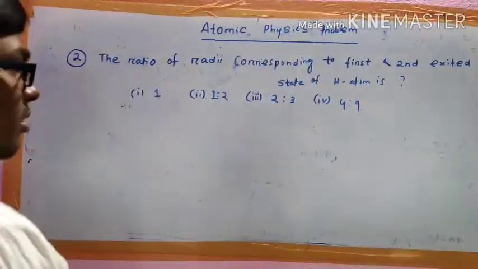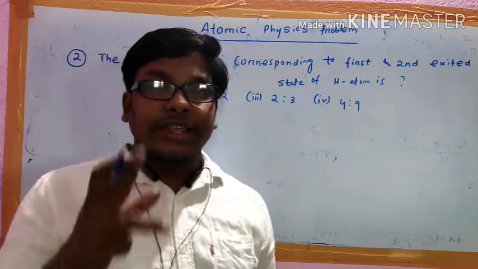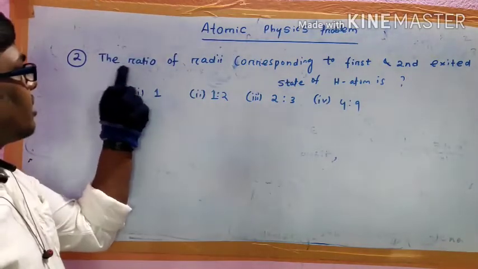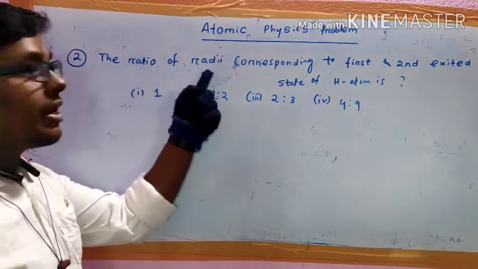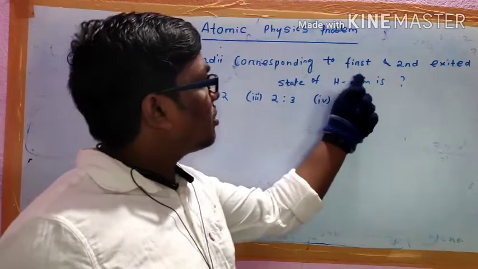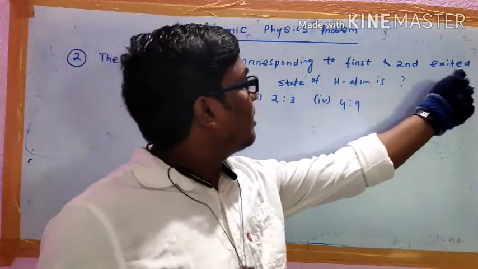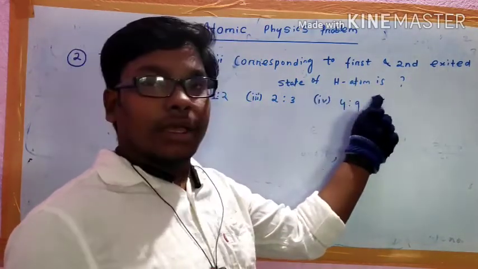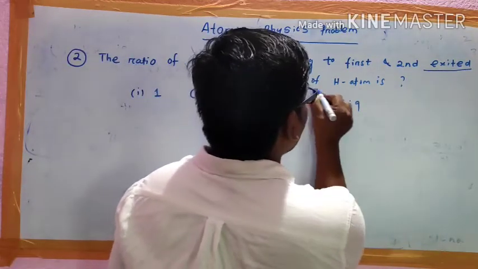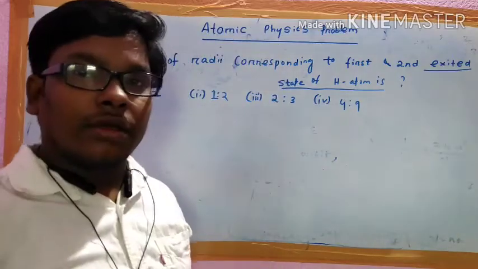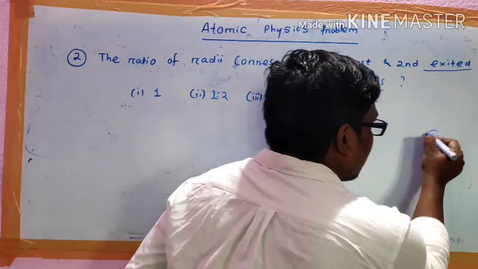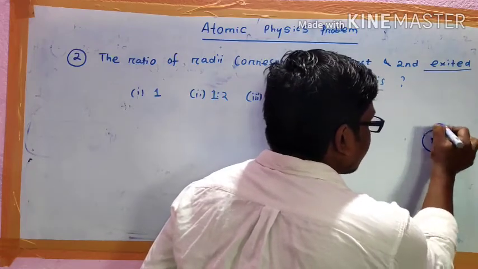So next question, the second question. See over here, the ratio of radii corresponding to the first and second excited state of hydrogen atom. It is talking about the excited state of hydrogen atom. I am drawing the diagram over here. This is our nucleus.